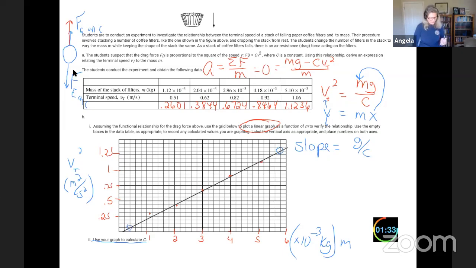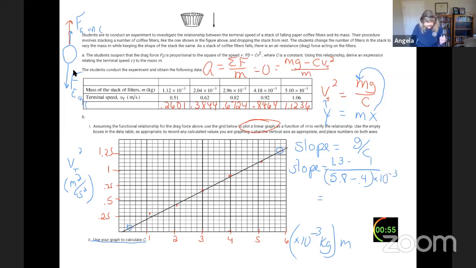Those are nice. Okay, so the slope is, I'm just gonna really estimate this, in the interest of time, 1 point, I'm just gonna call it 1.3 minus, I'm just gonna say 0.1, divided by 5.8 times 10 to the minus 3 minus 0.4 times 10 to the minus 3.